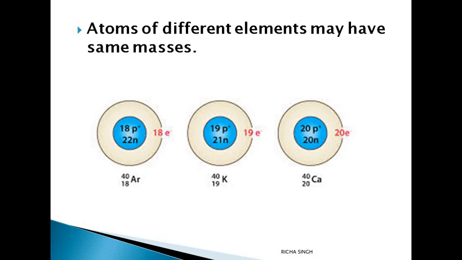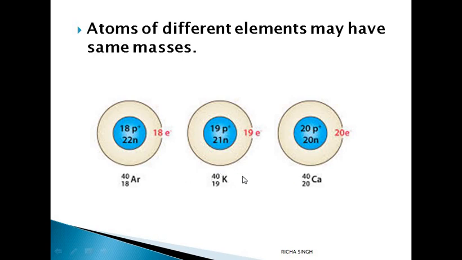The next drawback says that atoms of different elements may have the same mass numbers. You can see here argon, Ar, K for potassium and Ca for calcium. You can see the mass number is 40 in all 3 cases.